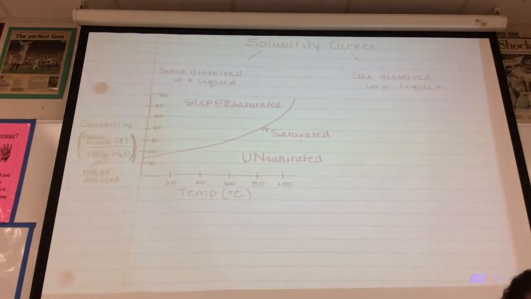And what you can see there is as you increase the temperature, the solubility of the solute in water increases. And that's what most solids show when dissolved in a liquid. As you increase temperature, the solubility will increase and you can dissolve more and more solute in the water to a certain extent.